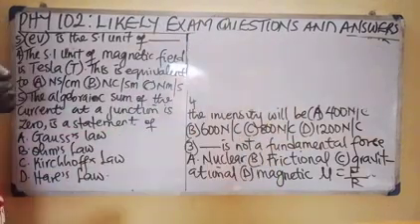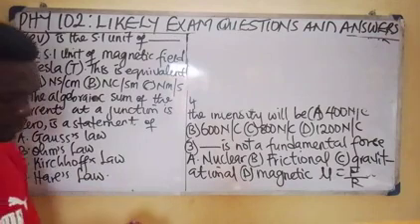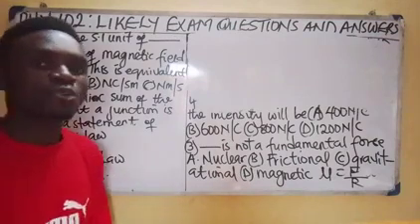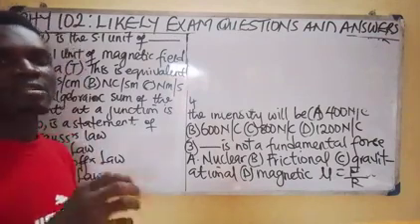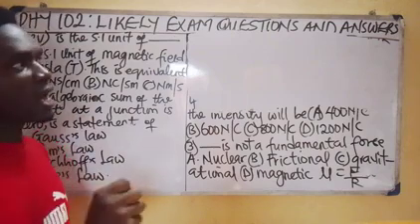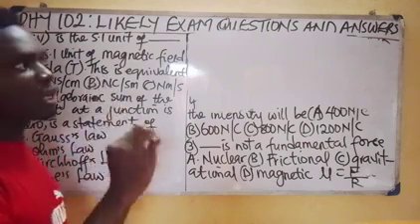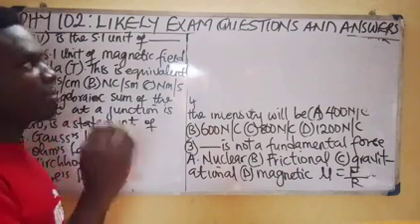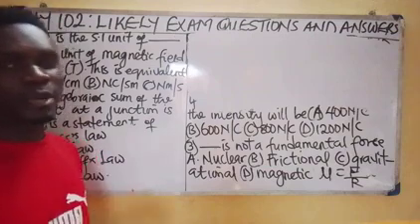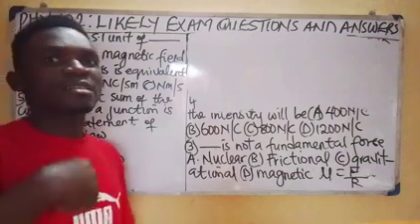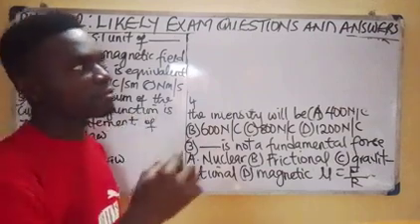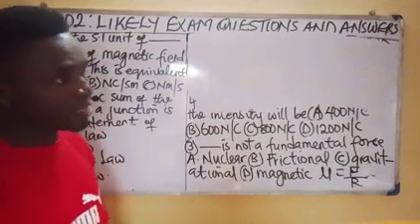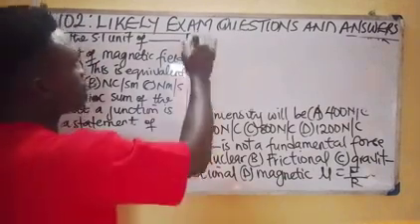Now, you should note that they'll ask you the total amount of energy that an electron stores as it accelerates through a potential difference of 1 volt. The answer is electron volt.